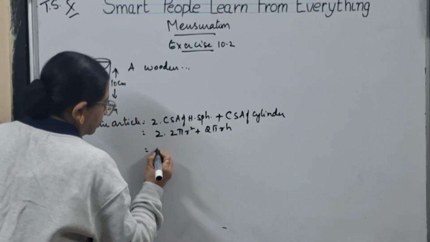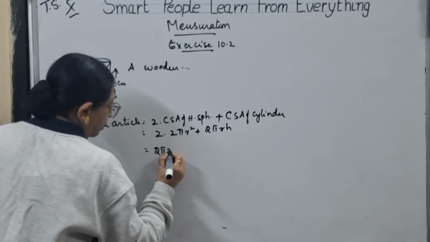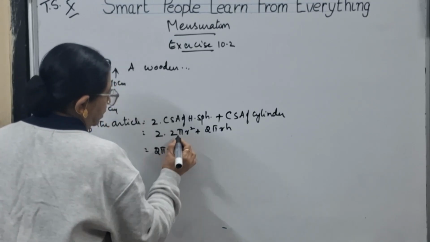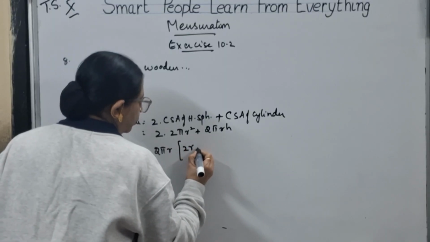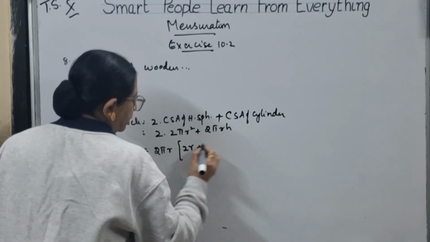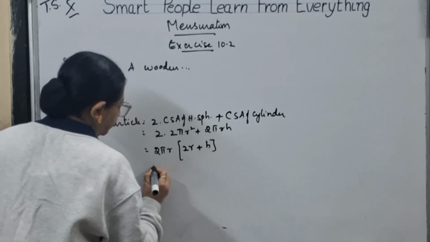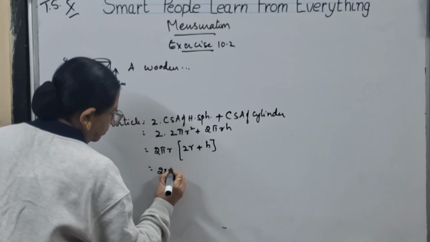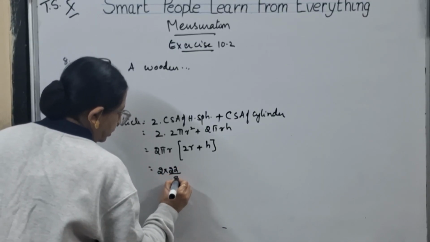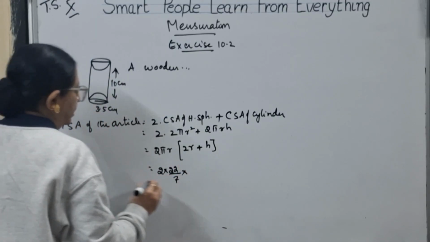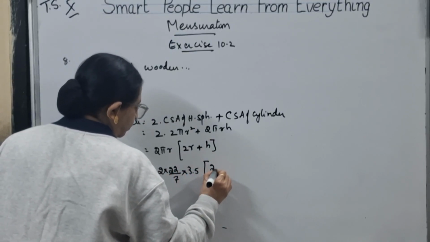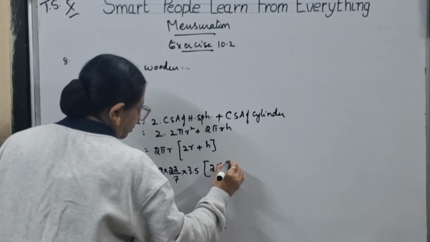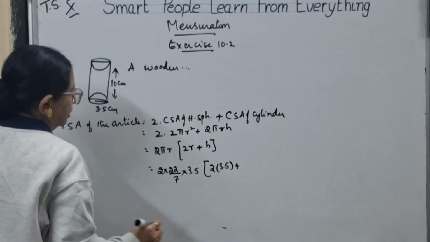That is, in this I can take out 2 pi r as common. Then this 1 r and 2 will be left over. 2 pi r out, 2r plus h. That is 2 into 22 by 7 into radius is 3.5 into 2 into 3.5 plus height is 10.